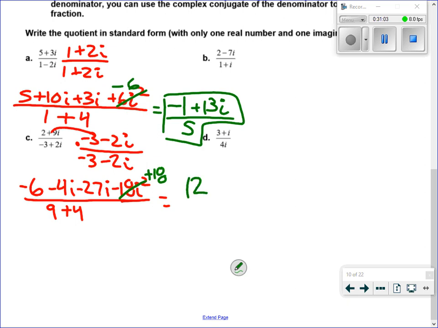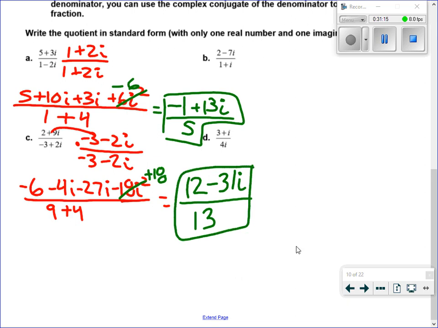And then negative 4i minus 27i would give us negative 31i, all over 13. So you just want to get a real number? Yes, good. So remember, the purpose behind multiplying by your conjugate is you just want a real number in the denominator. That's why we're doing it. So try B and D on your own.